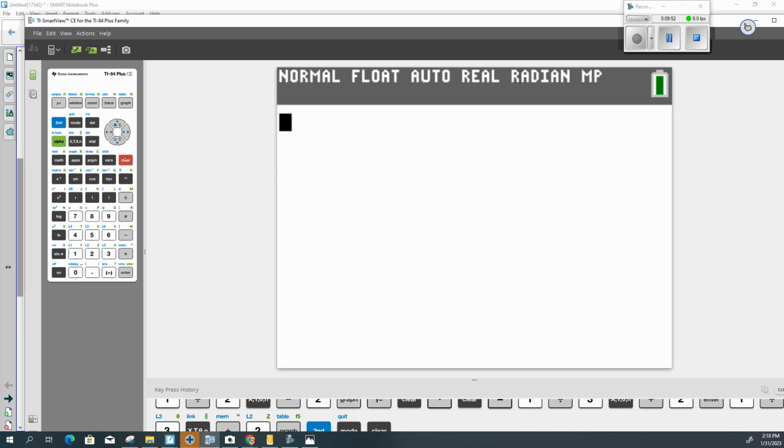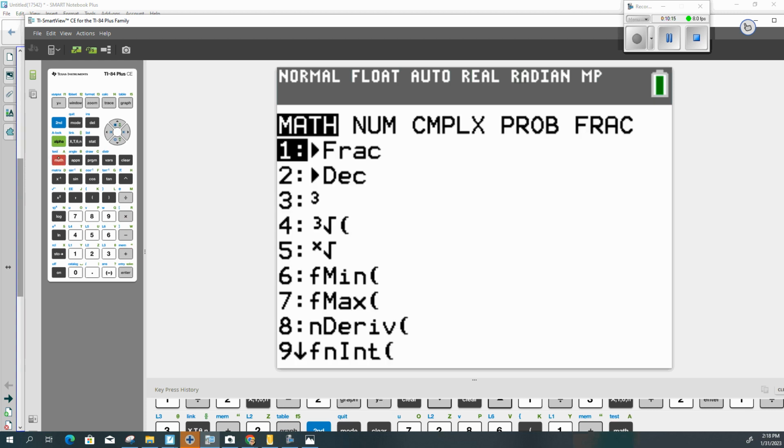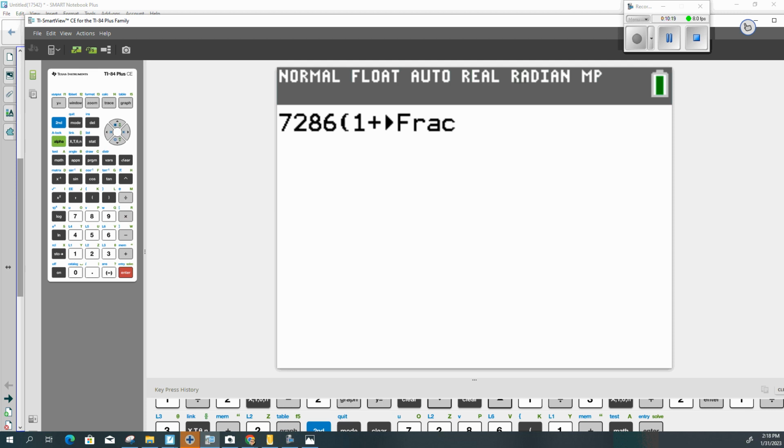All right, 7,286. Start with that. Use the parentheses. If you've never used them before, they're right here above the 8 and 9. So give yourself an open parentheses. And like I said, we don't want to do 1 plus, we don't want to add them together quite yet. Do I have the fraction button? Nope.